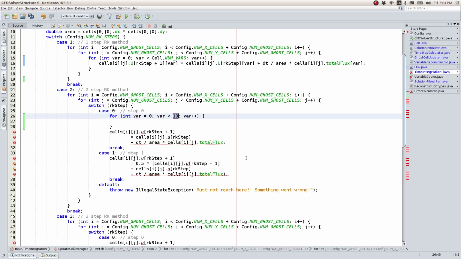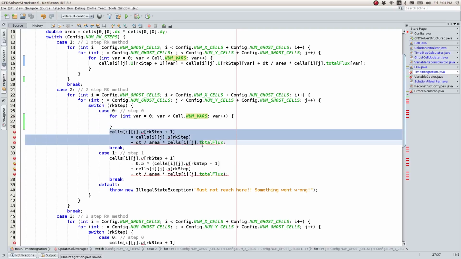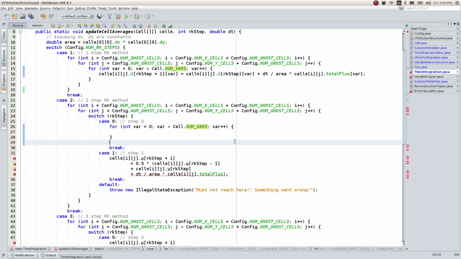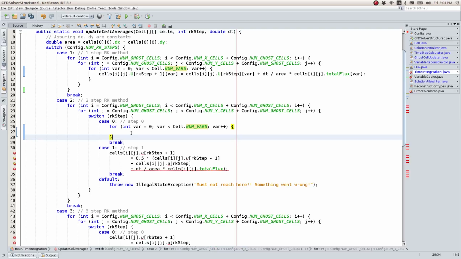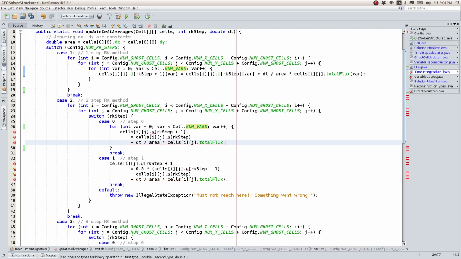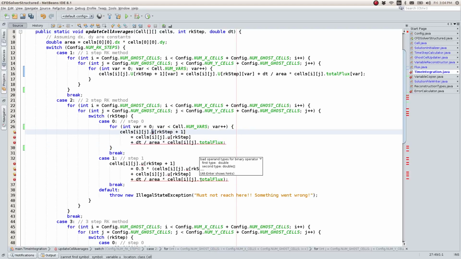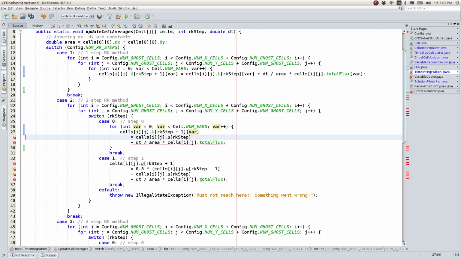For variable is equal to 0 to number of variables, cut it and paste it. This is going to be capital U, RK step variable, this is going to be capital U, RK step variable, and this is going to be variable.